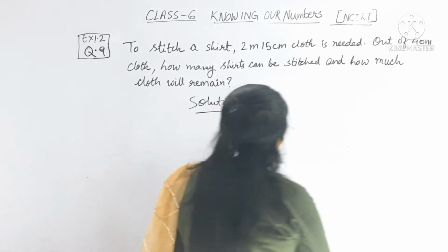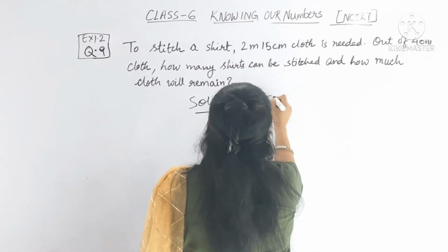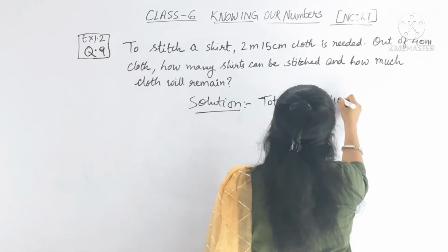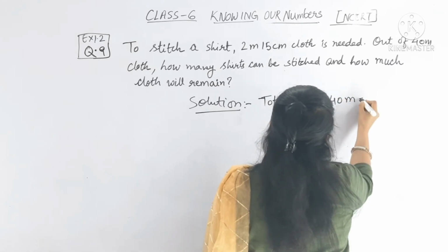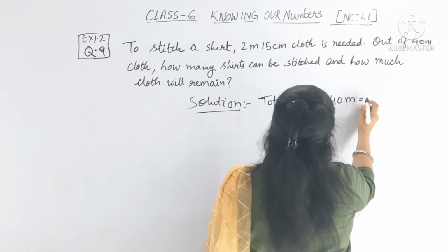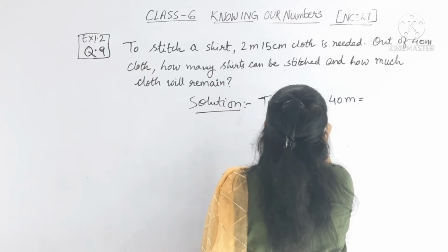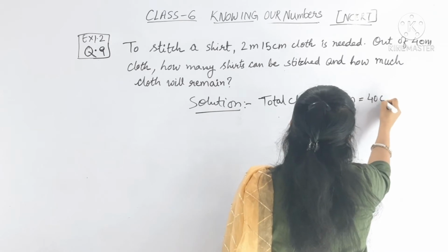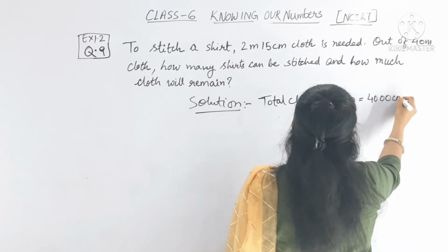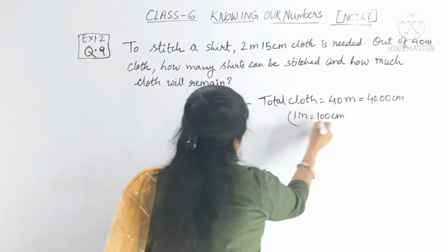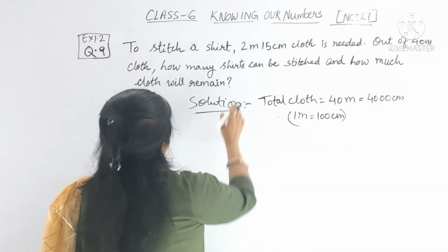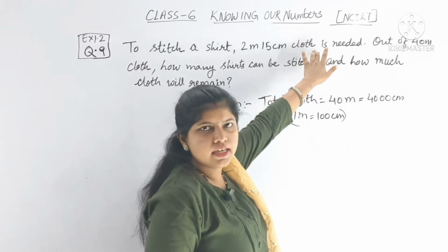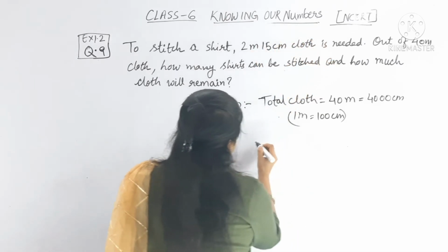Pay attention. Total cloth is 40 meter. So we know that 1 meter is equal to 100 centimeter, means 40 meter equals 40 times 100, that is 4000 centimeter. Then to stitch a shirt, how much cloth is needed? 2 meter 15 centimeter.